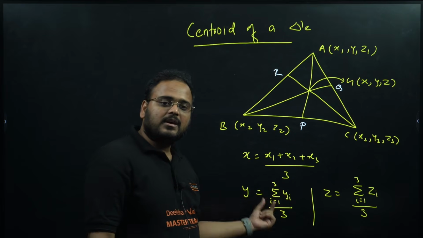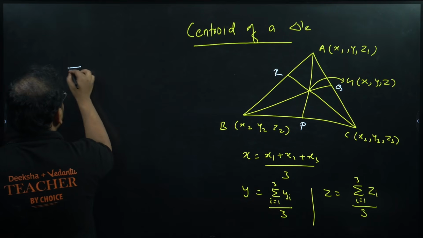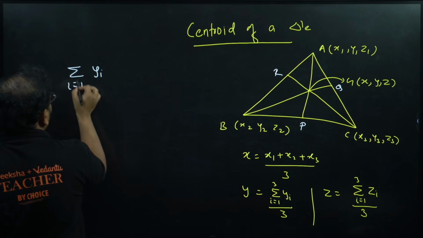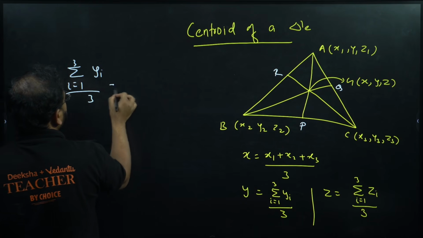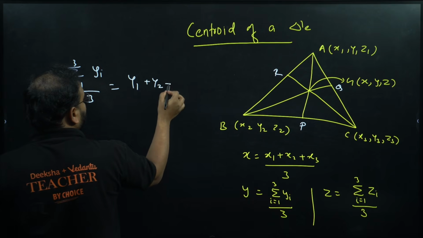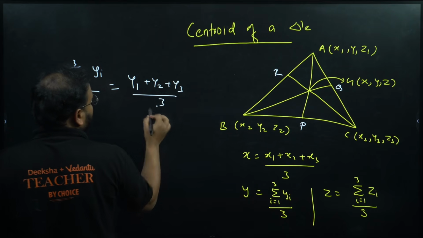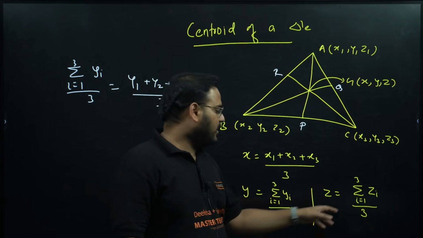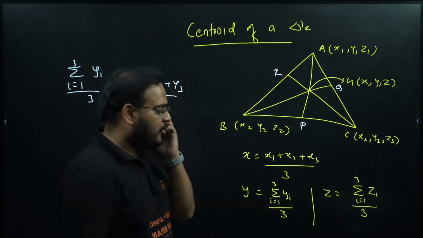What is this I've written here? Sigma yi from i equals 1 to 3 upon 3. What it means is simply take yi as y1, y2, and y3, add all these values, and divide by 3. Same thing for sigma zi upon 3, from 1 to 3.